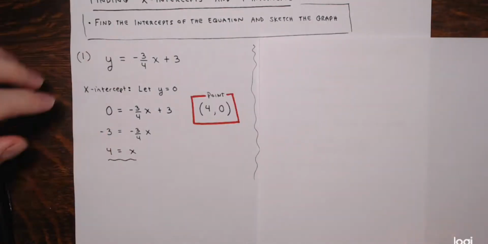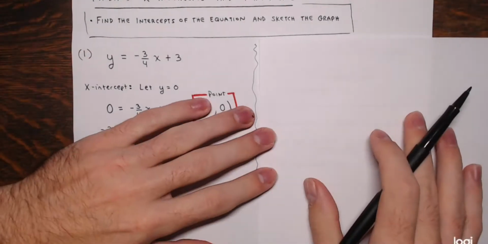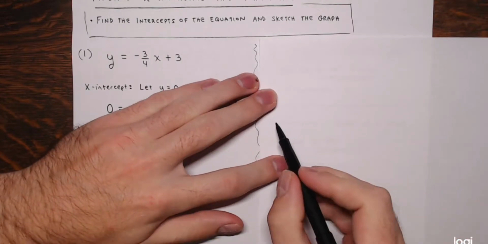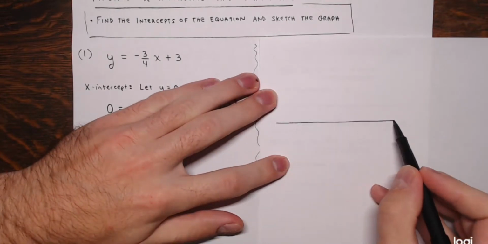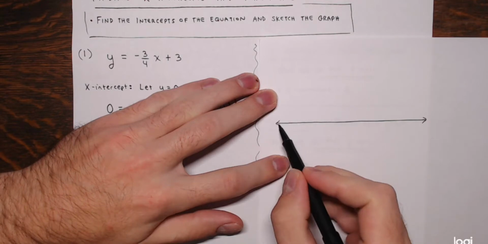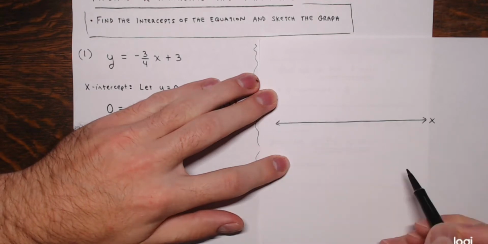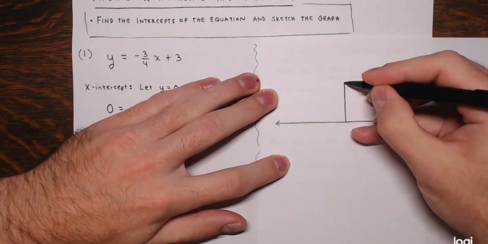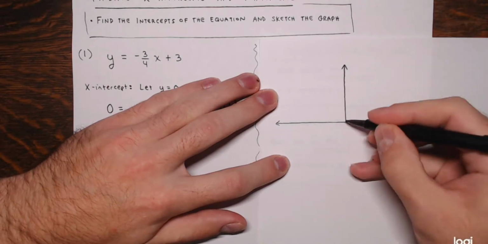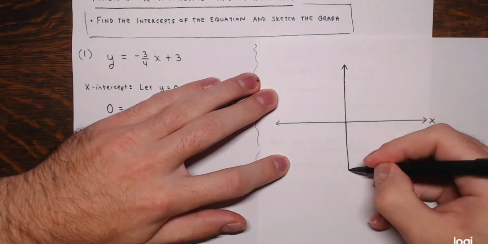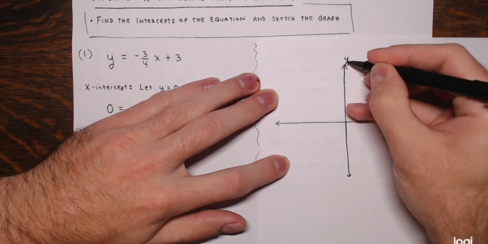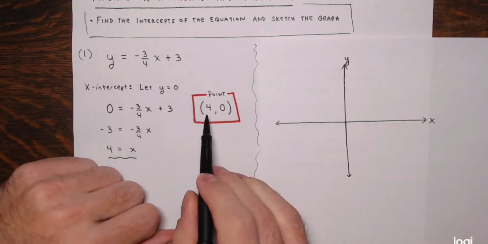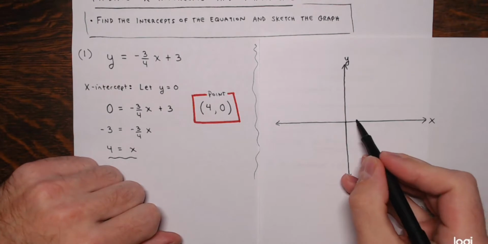I'm going to make a rough sketch of the xy plane. So remember, the horizontal axis is the x-axis number line, and then the vertical axis meets this at a 90-degree angle. There's the y-axis. To plot this point, I go to 0 in the middle here.